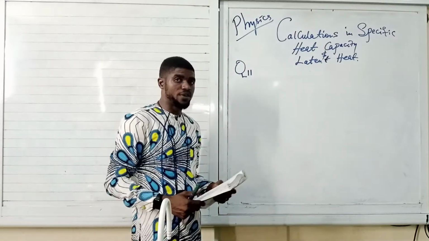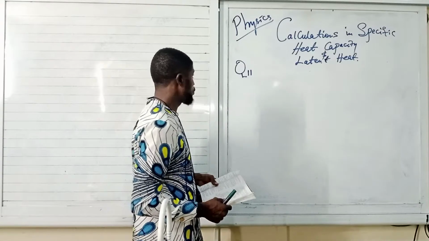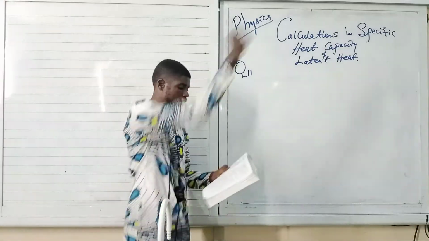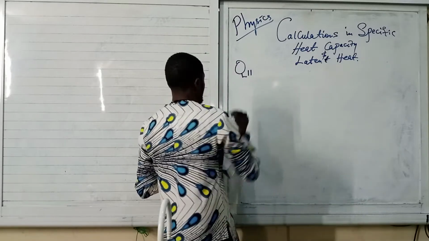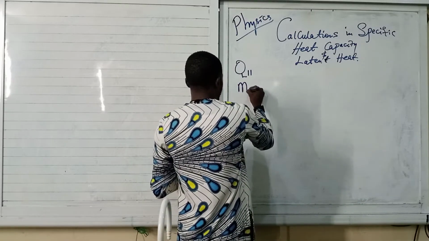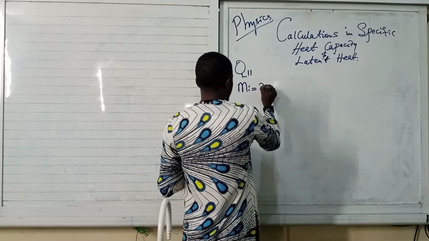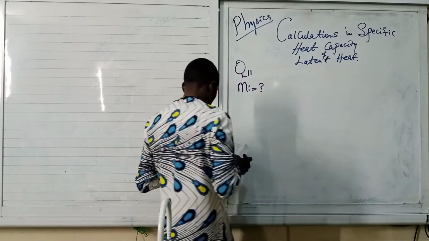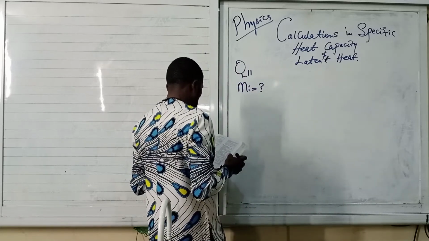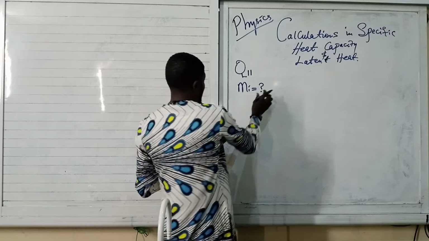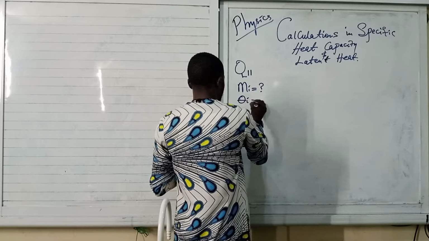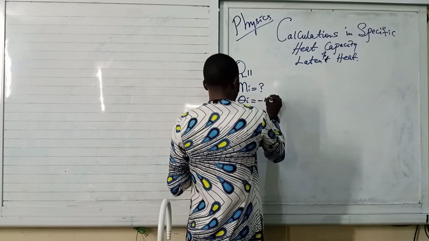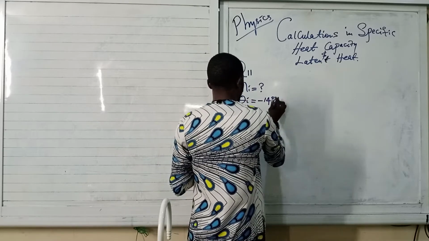So first things first, what we are going to do now is what I call data collection. So let's begin. They say what mass of ice? Mi, mass of ice, is not given. Will be needed to cool what mass of ice at, that is the initial temperature of ice, is given as minus 14 degrees Celsius.